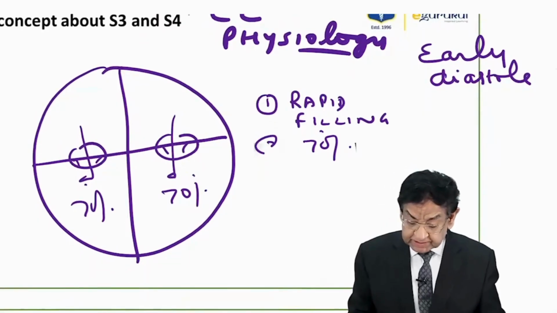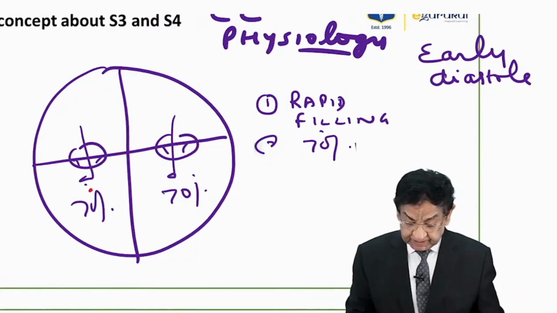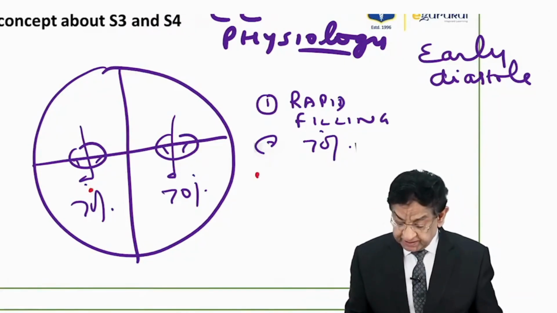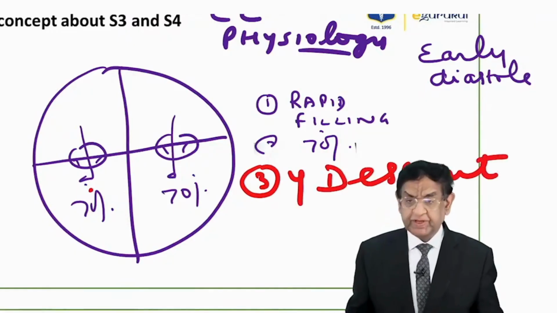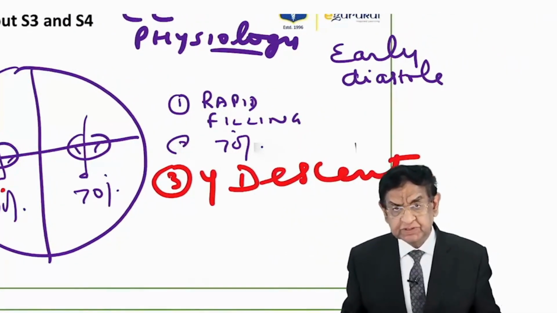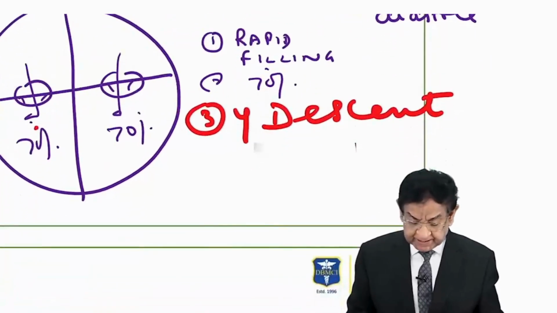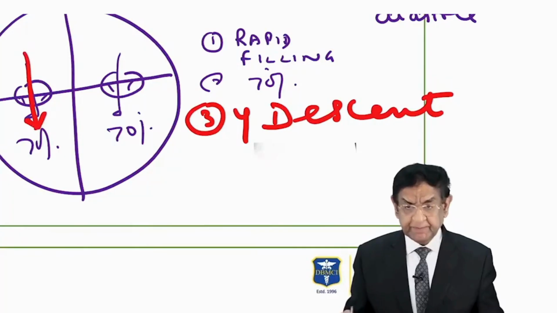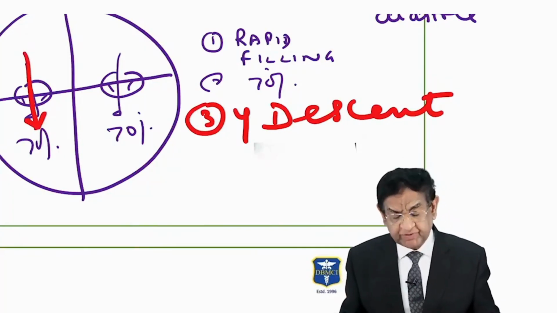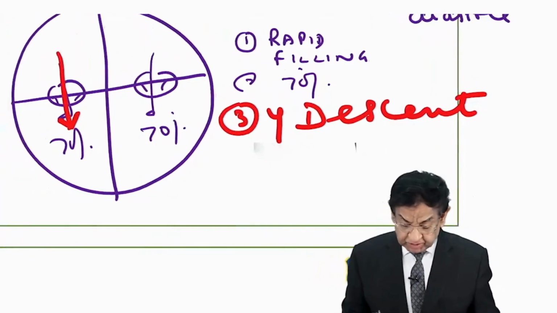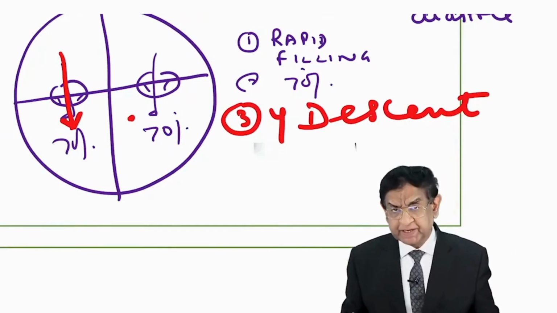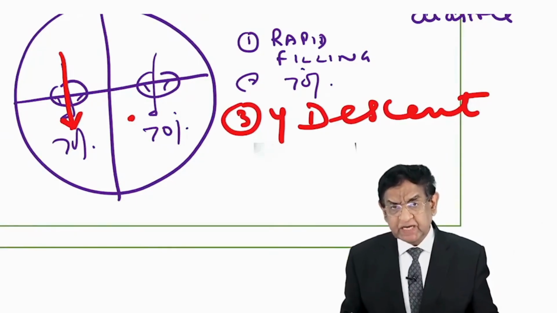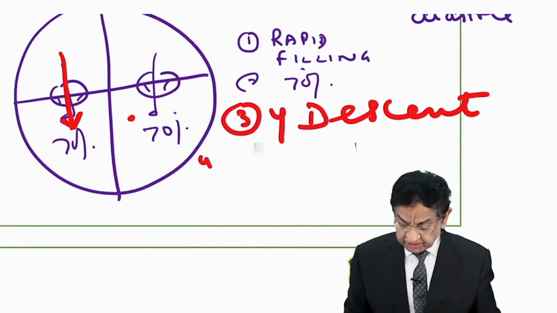Now on this left side, in JVP, you get Y descent. We know very well that Y descent is produced in the JVP due to opening of the tricuspid valve when blood is rapidly entering into the right ventricle. Now on the left side here, normally no sound is produced. But if a sound has to be produced, it is the third sound.